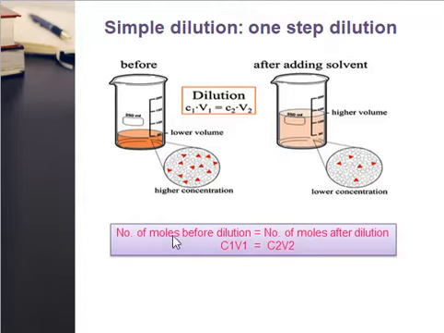Number of moles before dilution equals number of moles after dilution, which means the initial concentration of the solution multiplied by the volume to be diluted equals the final concentration multiplied by the final volume.